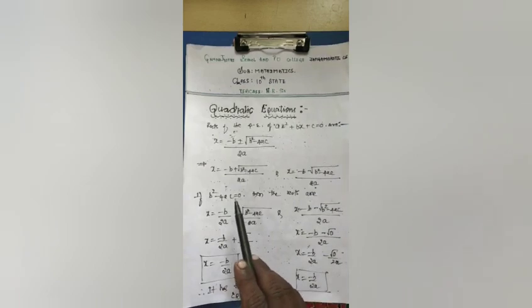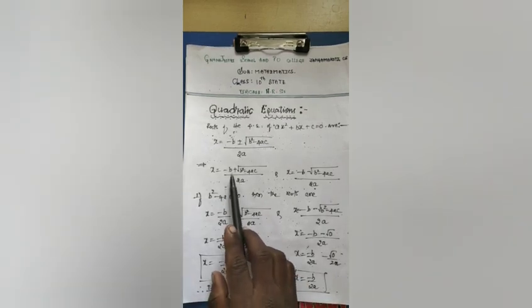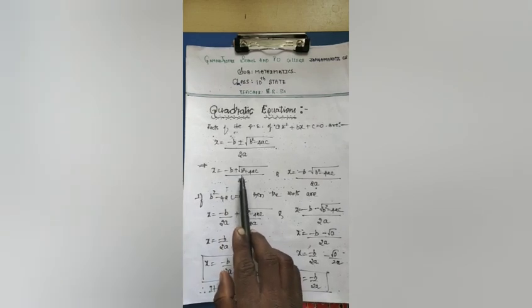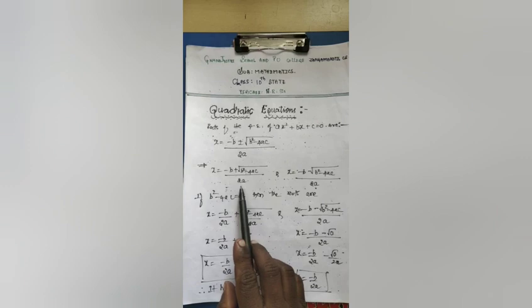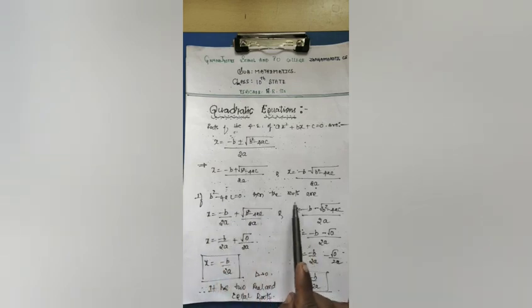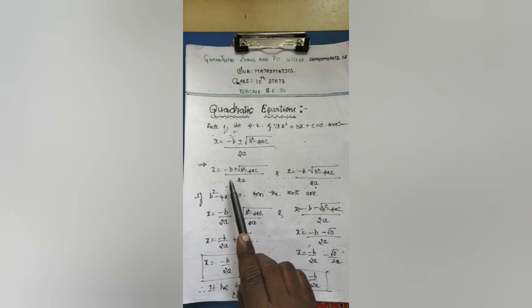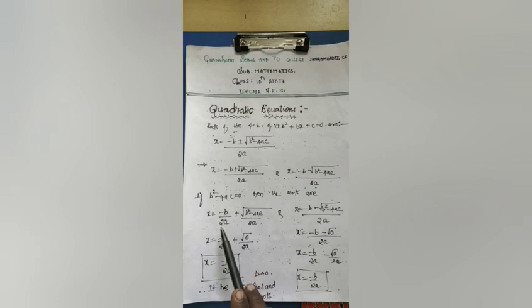First we need to separate the terms, the 2a divides the first term -b and the second term √(b² - 4ac). So the equation can be rewritten as x = -b/2a ± √(b² - 4ac)/2a.